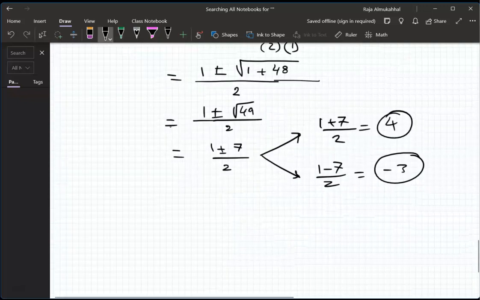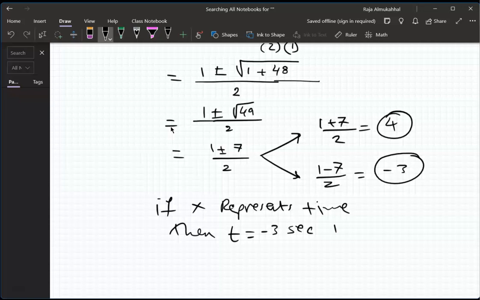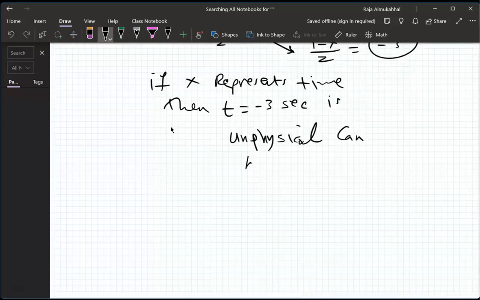Like I said, if x represents time, then t equals -3 seconds, for example, is unphysical, and can be discarded. Discarded. Did I spell it right? There we go.